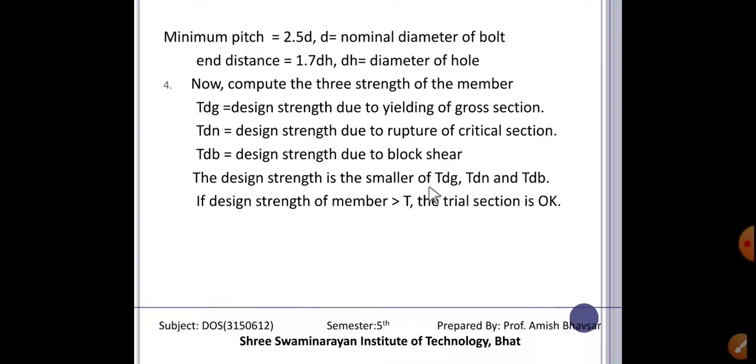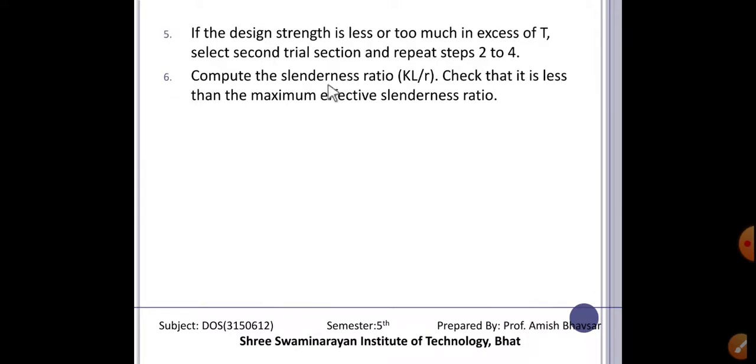But if this condition becomes wrong, then we must follow the steps from 2 to 4 again and revise the section. After that, check the slenderness ratio, that we discussed. So from this 6th step we can design the member as a tension member.